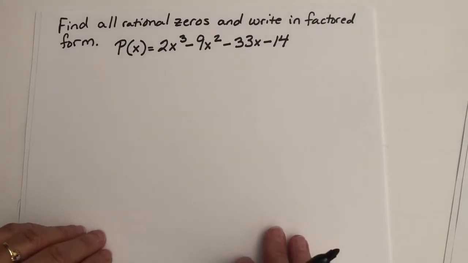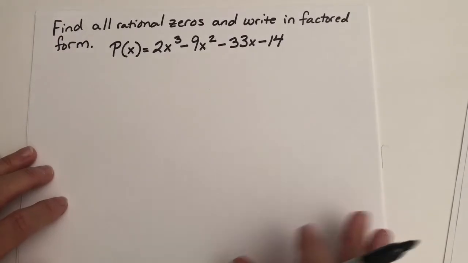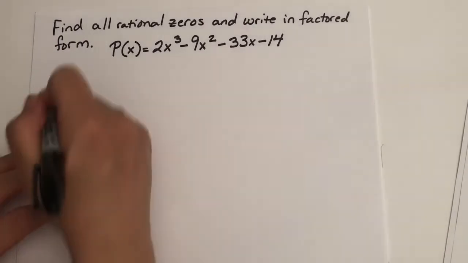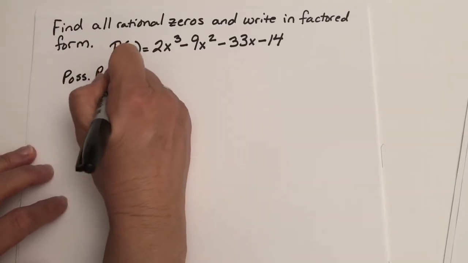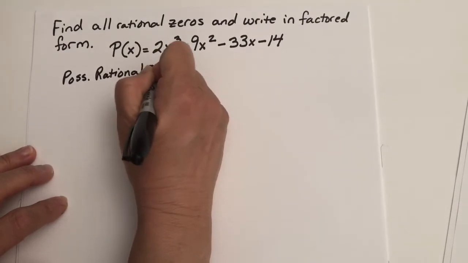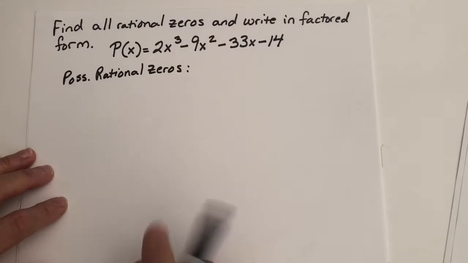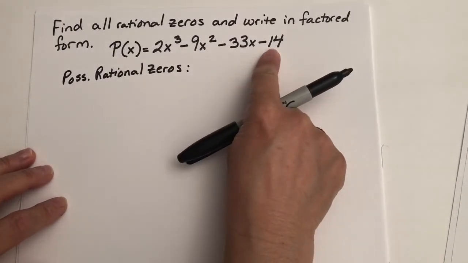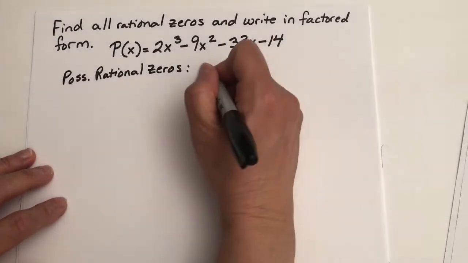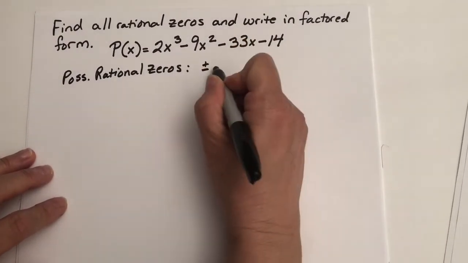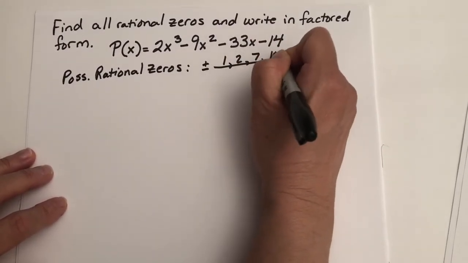This one will say, find all rational zeros and write in factored form. So let's start with our list, the possible rational zeros. Factors of the constant over factors of the leading coefficient. So plus or minus, factors of 14 are 1, 2, 7, and 14.